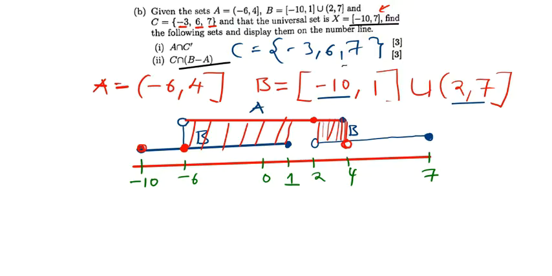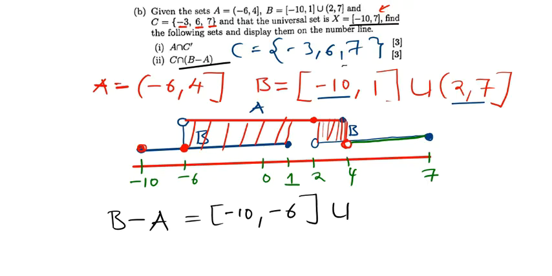A ring that is not shaded, because 4 is part of A. So we have to remove it from B, per definition of B minus A. So after removing everything, we've seen that B again is running from 4 up to 7. And so the remaining part of B after removing A, which we are calling B without A or B minus A, is only from negative 10 to negative 6, and then unionized from 4, where 4 is removed, so it's not included, and then we're up to 7. This is our B minus A.